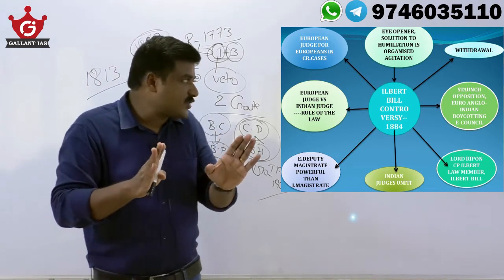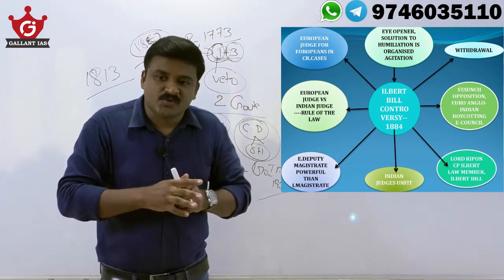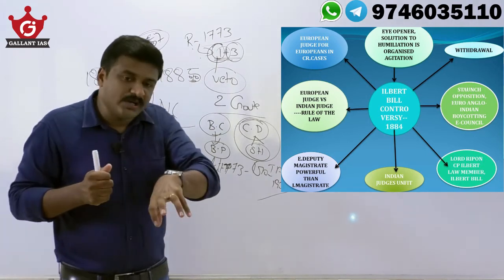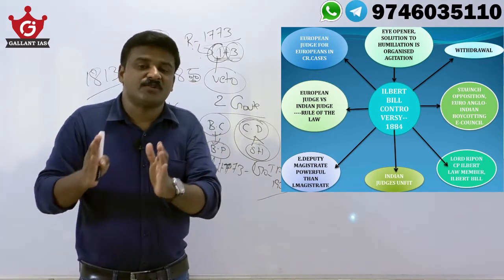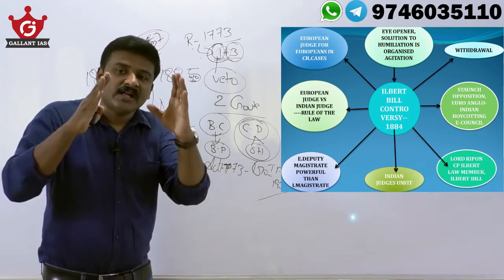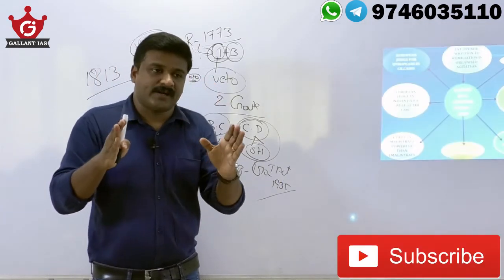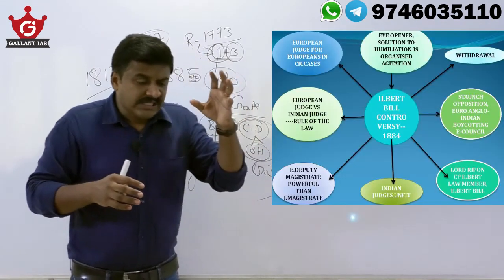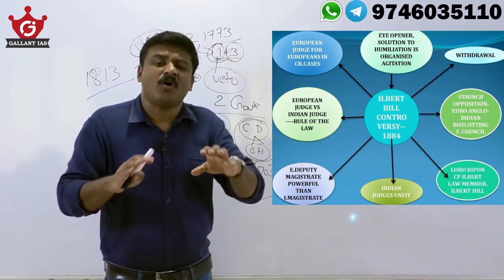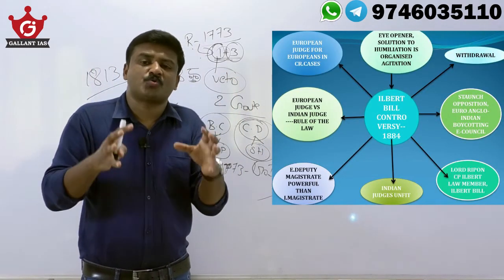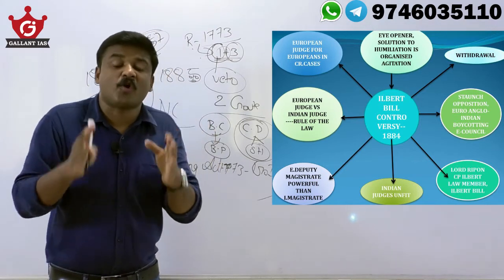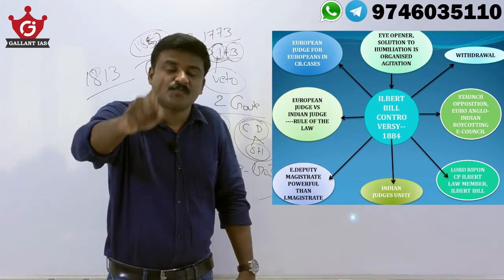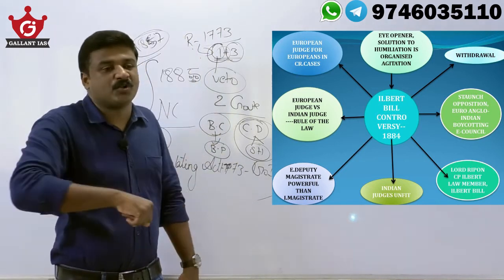According to the Ilbert Bill controversy, in the judiciary there existed racial discrimination. In the district criminal courts, Indian judges were not empowered to conduct the trial of European criminals. European criminals must be tried by European judges only.